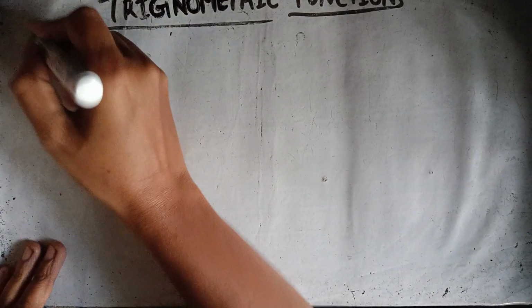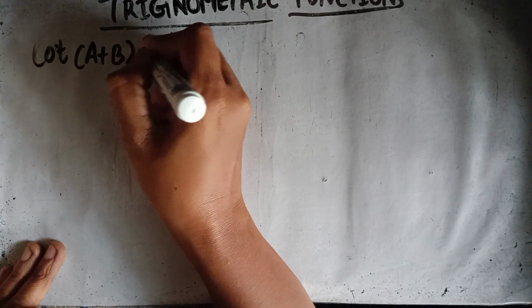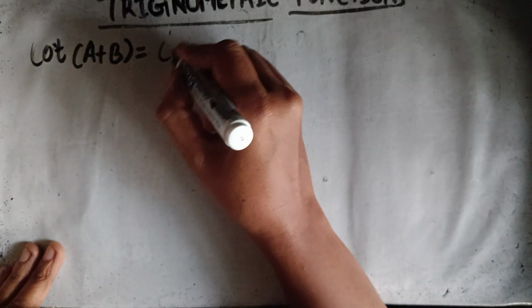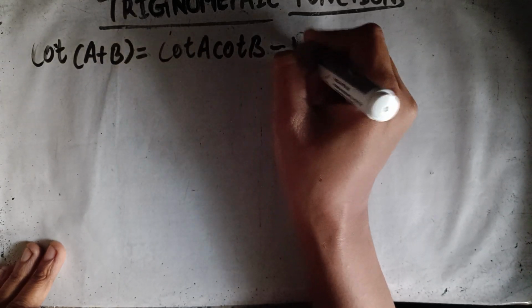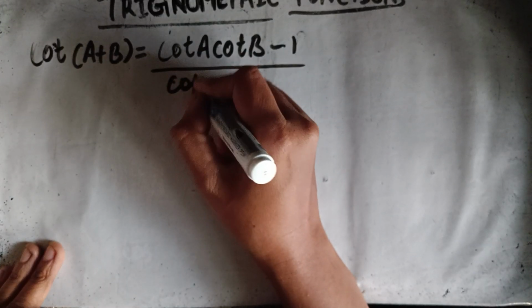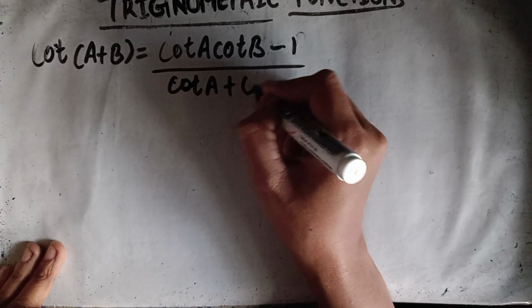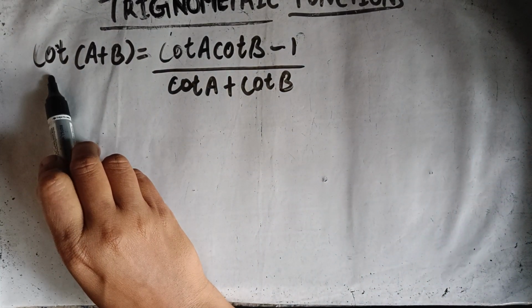So cot(A+B) is (cot A cot B − 1) upon (cot A + cot B). Okay, so cot is cos upon sin.